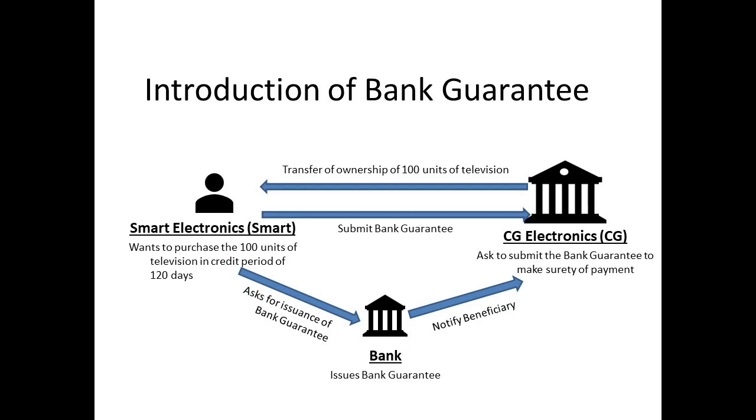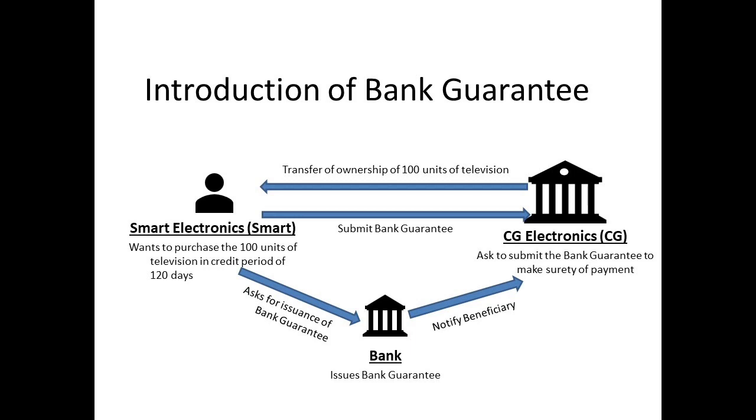The issued bank guarantee should have the following things: a specific purpose, that is to purchase 100 units of smart television; a specific amount, that is $1 million; and a specific validity period, that is 120 days from the date of issuance. Here, the bank promises to pay the amount of $1 million if the applicant, that is Smart, fails to pay the beneficiary, that is CG, within 120 days.